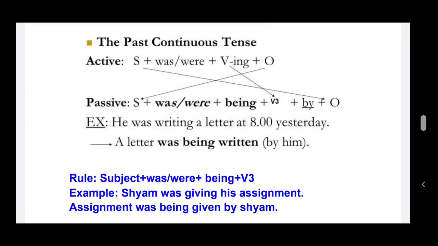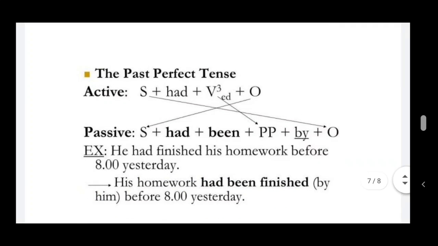Let's move on to the next tense, that is past perfect tense. The structure in active is subject plus had plus verb 3 plus object. In passive, it is subject plus had been plus past participle, that is verb 3 form, plus by plus object.